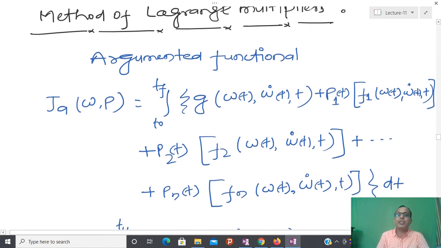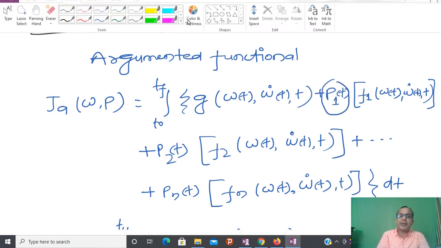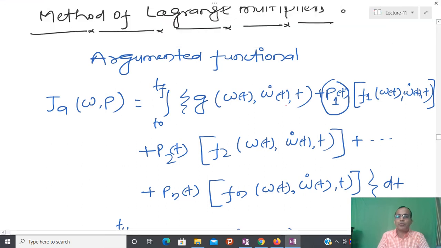Again I am going to define the augmented functional, and in this augmented functional you can see that I have n number of constraints, and due to that I have n multipliers p1, p2 up to pn.